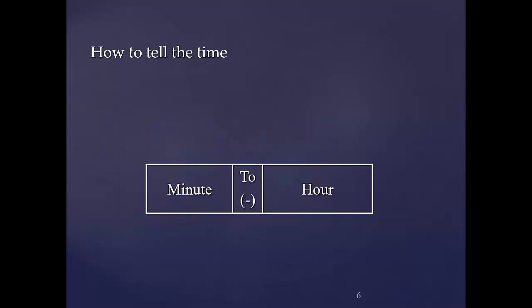Now, let's move on. So, again, how to tell the time. We say a minute to the hour. For example, it's 15 to 5. What does 15 to 5 mean? It means that there are 15 minutes remaining until it becomes 5. But when 15 minutes are remaining, we say the word quarter, but we'll get to that in a second.